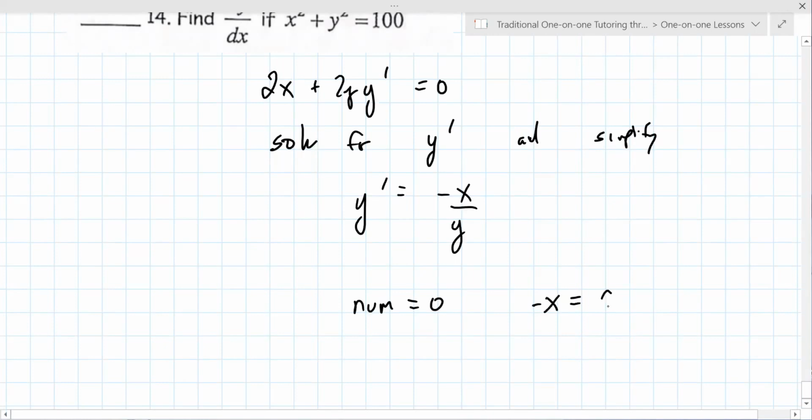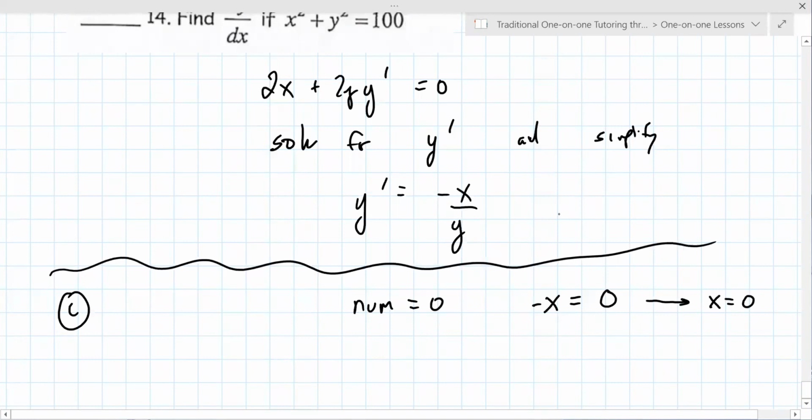Negative x equals 0, which means that x equals 0. What is that for? That's for that part C. It's not for your homework. Sorry, your homework ends there. Your homework is letter H.